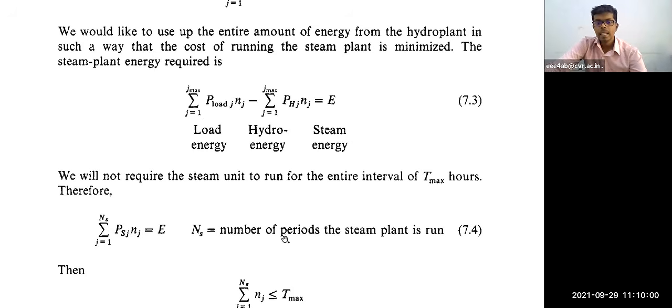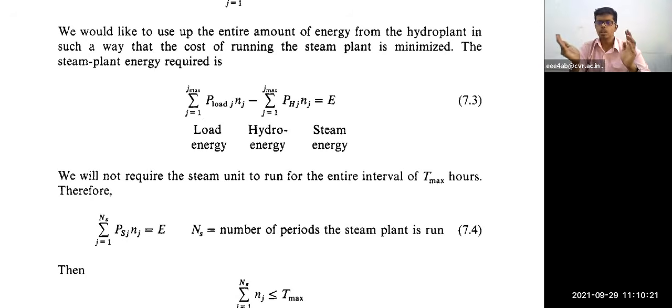NS is the number of periods that the steam plant is running. Whatever period of time the steam plant runs, say for example 4 hours or 6 hours, within the maximum schedule period.